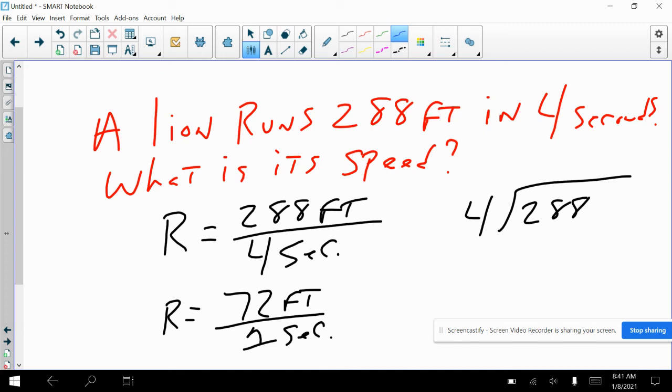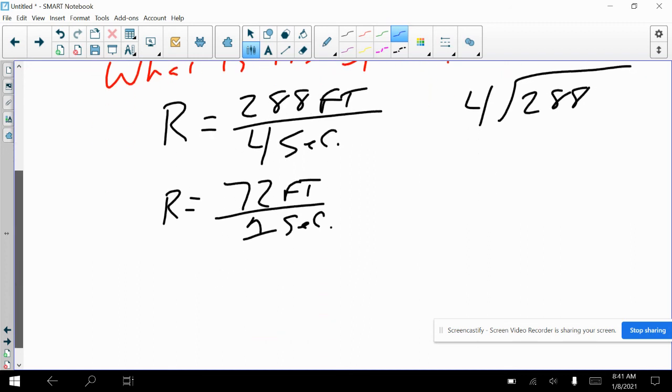Anybody have any questions on solving rates? You don't have to memorize those 2 formulas, even though they're not that difficult. They will be provided for you, but if you want to memorize them, that would be fantastic. All right, if not, everybody's good.